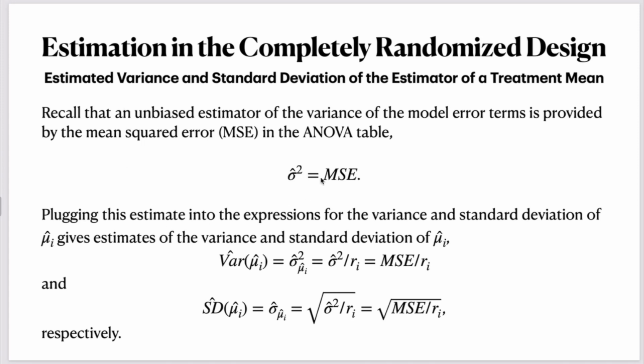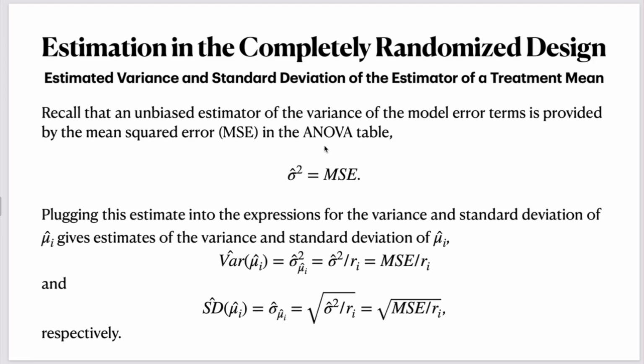All right, and so we denote that estimate of sigma squared by sigma hat squared, and the estimator of the error variance that we obtain from the ANOVA table is the mean squared error in that ANOVA table.